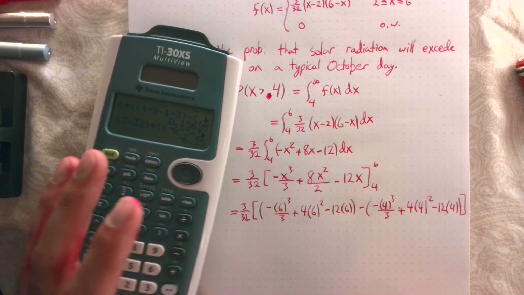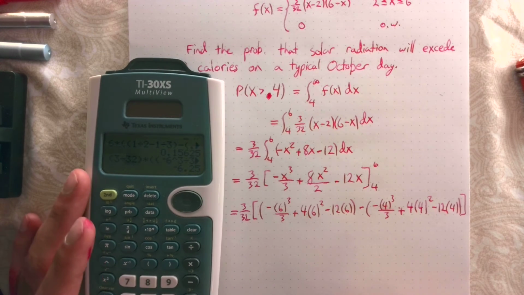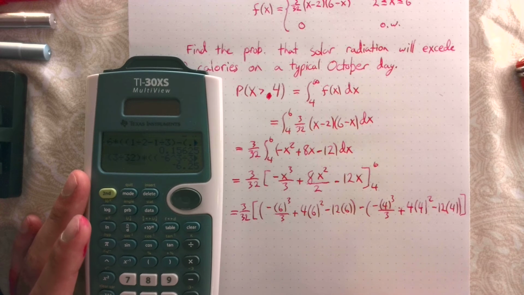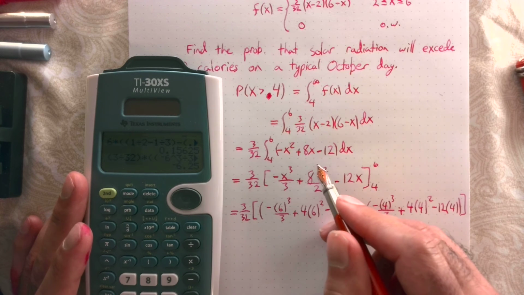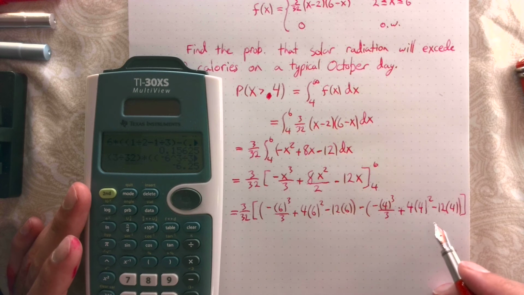Let's see. Because we want this to be a probability, right? So it has to be between 0 and 1 is the point. So let's see, x cubed over 3, 8x squared over 2 minus 12x.